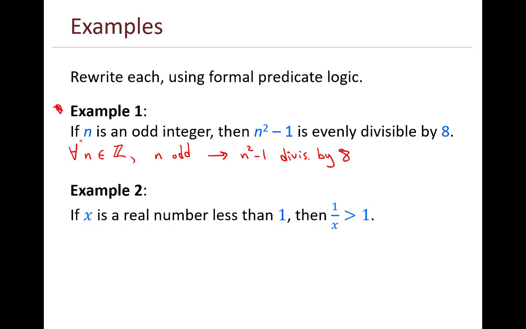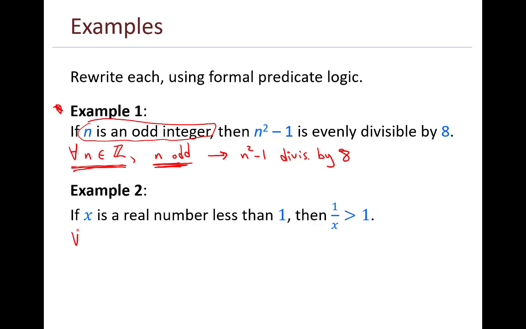Oh, one thing to break up. Notice this hypothesis, n is an odd integer. Observe how I broke this up into two parts. For all n in my set of integers, n being odd. That way I got my domain and my hypothesis. How are you going to split up the domain and the hypothesis in example 2? If x is a real number less than 1, then 1 over x is greater than 1.